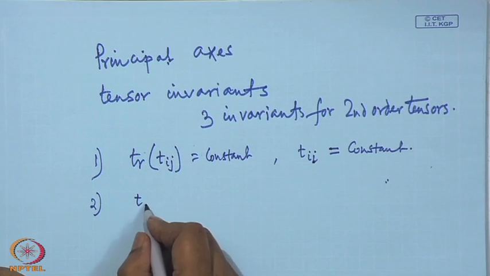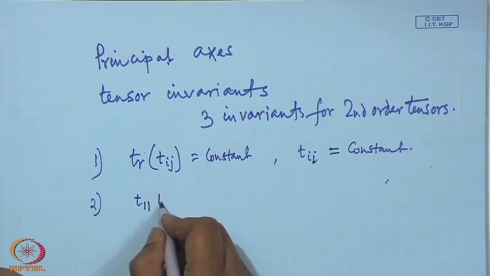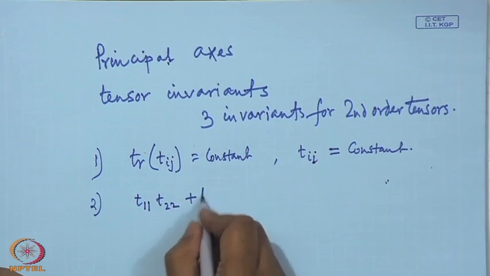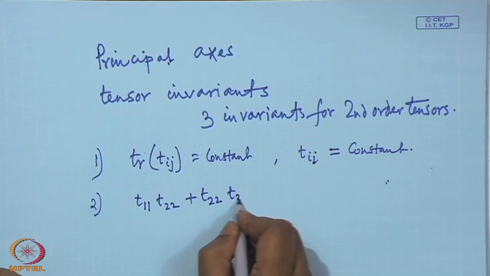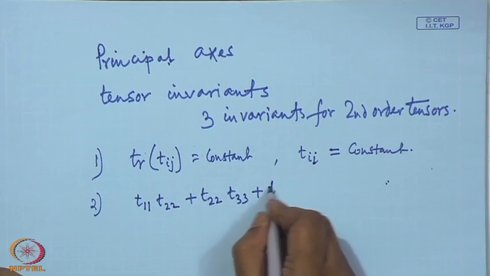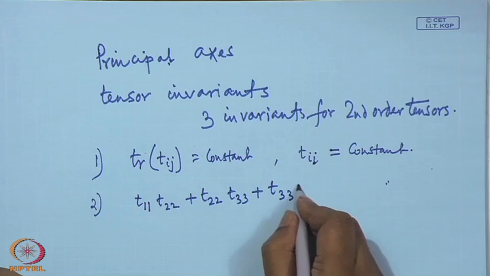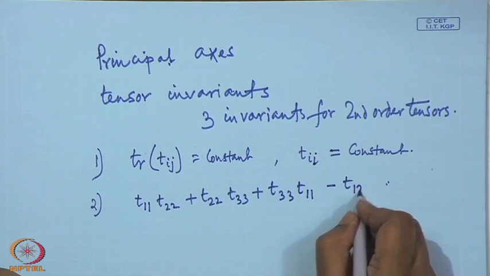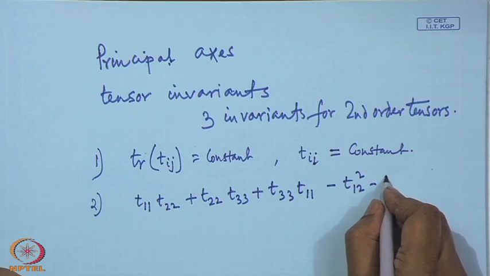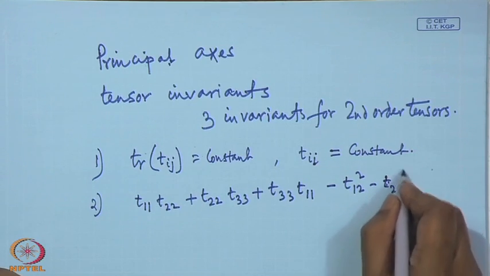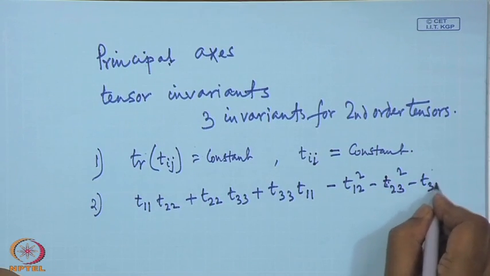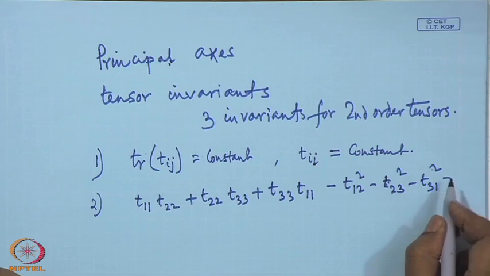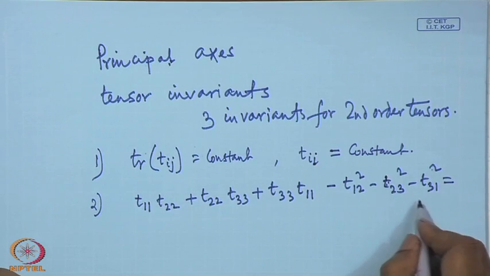Let us think about this T matrix: T11 times T22 plus T22 times T33 plus T33 times T11 minus T12 squared minus T23 squared minus T31 squared is constant.